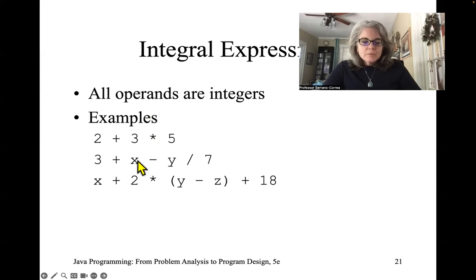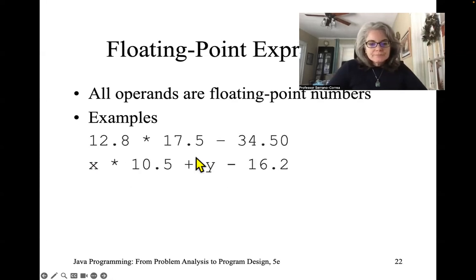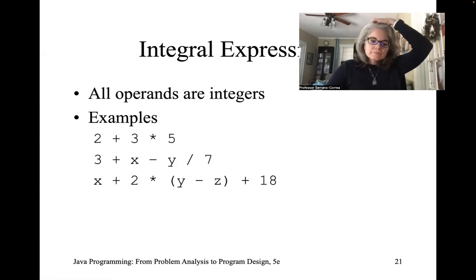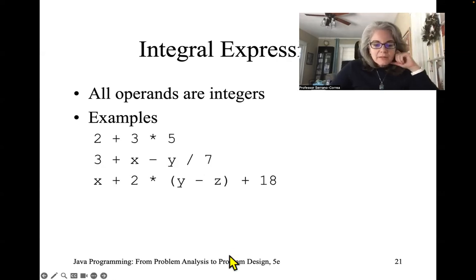Okay, for this one, we have X and Y. You've got addition, subtraction, and division. So division would happen first. Y divided by 7 would happen first. After we get that value, then it would do 3 plus X, and whatever that was minus this. So let's put a value in there.